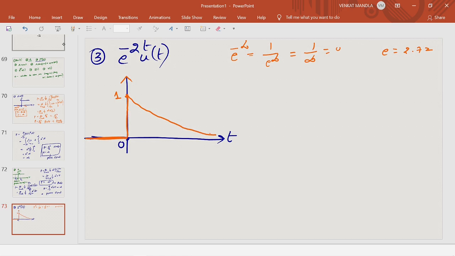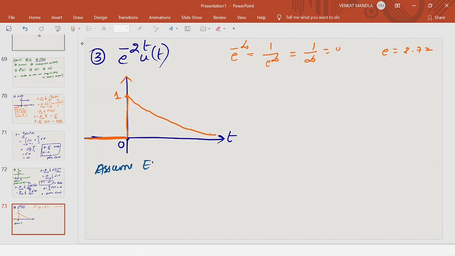This is the signal. So I want to find out the energy or power, whichever. If it is an energy signal, you have to find out the energy. If it is a power signal, you have to find out the power. So it looks like it is not a constant signal for me. So I am assuming that this is an energy signal, because it is not constant and it is not periodic.